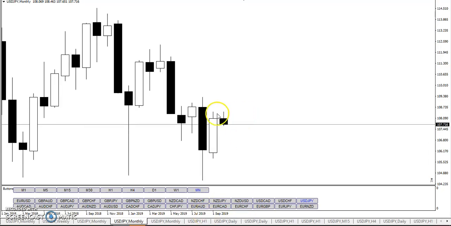But the question is, how can we use that information to make money? Well, as stated, it's all about the wicks. It really is when you think about it. Because at the end of the upper wick, at the top end is the high, and at the end of the bottom wick is the low. And then you have the top and bottom of the candle, which could either be the close or the open, depending on which way it moved.